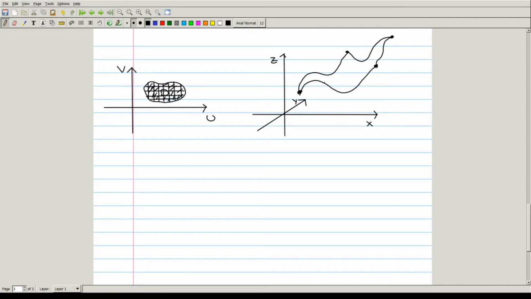So on our surface, this partition is going to correspond to a similar sort of picture, where we have this partitioning of the surface into a whole bunch of very small pieces.